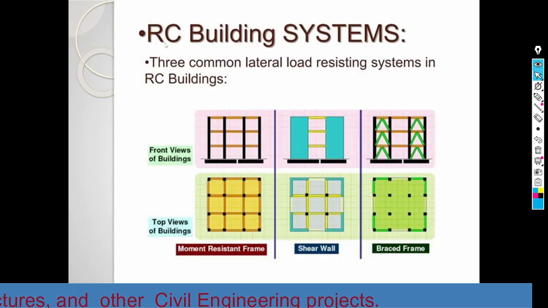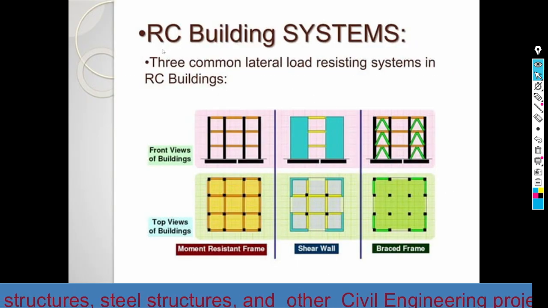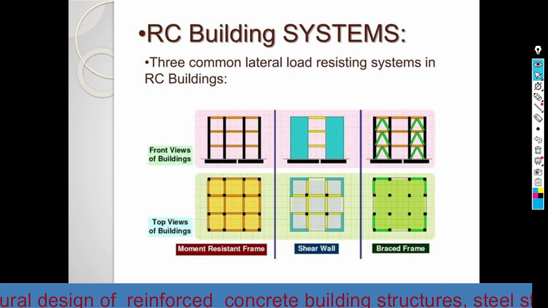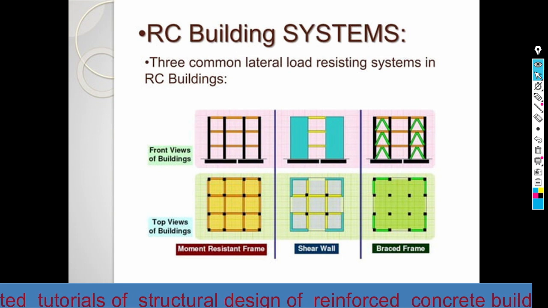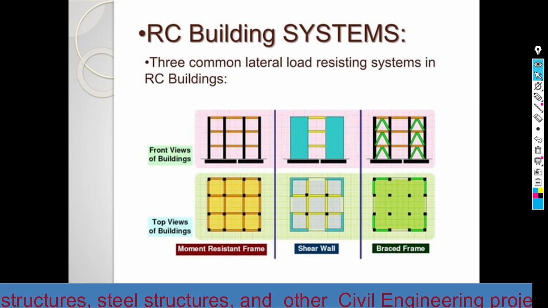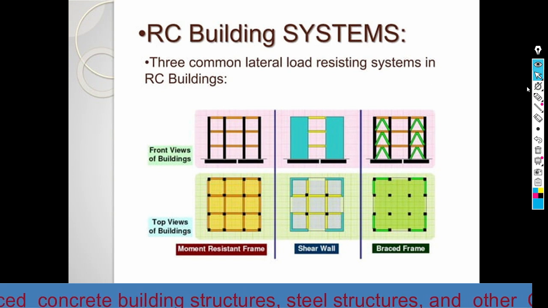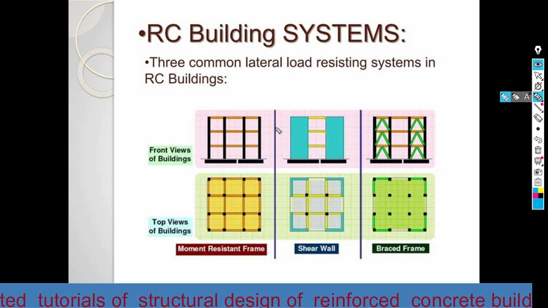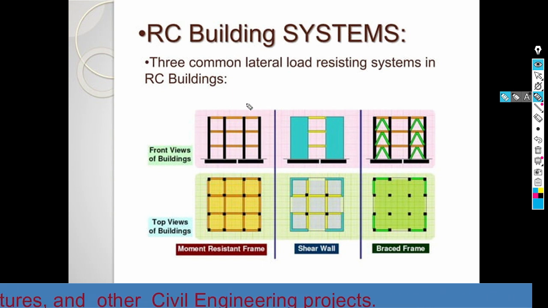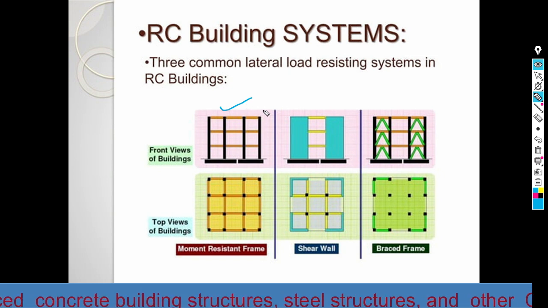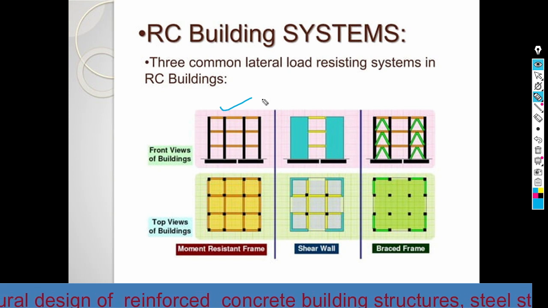And now here we have the different systems of shear walls in reinforced concrete structures. Basically, we have 3 common lateral load resisting systems. The first one is the moment resisting frame, which is a combination of beams and columns without incorporating a shear wall.